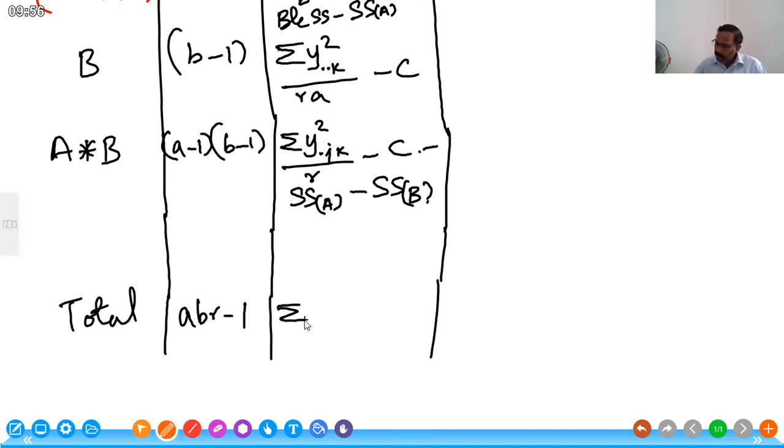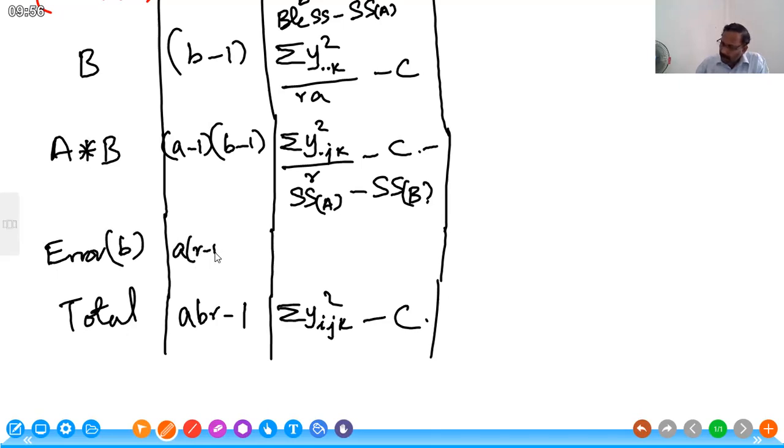As usual, total YIJK square minus C. Then the error B can be calculated, total minus rest, so that A into R minus 1 into B minus 1.